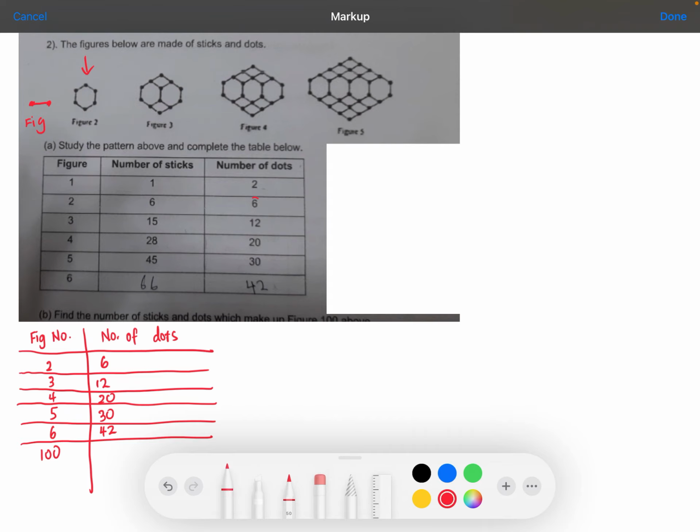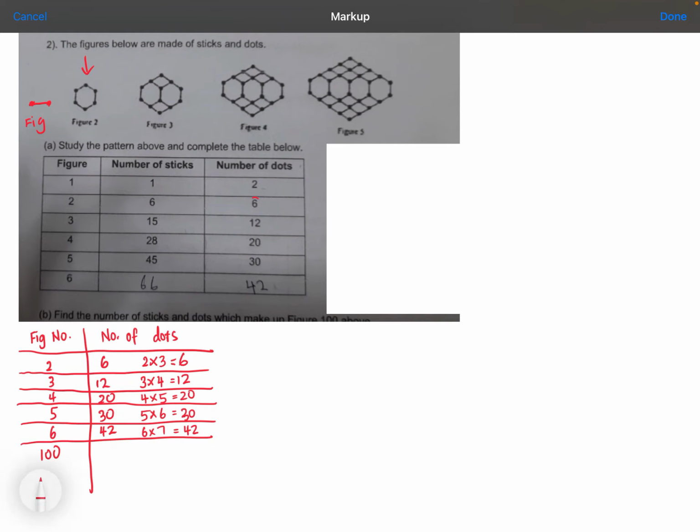So I'm going to use 2 times 3. 2 times 3 is the figure number 2 times the next figure number. So I use figure number 3 times the next figure number, figure number 4 times the next, figure number 5 times the next, figure number 6 times the next. So you are multiplying the figure number by the next figure number.